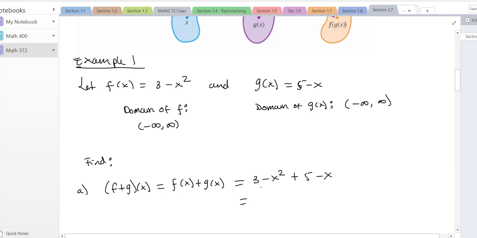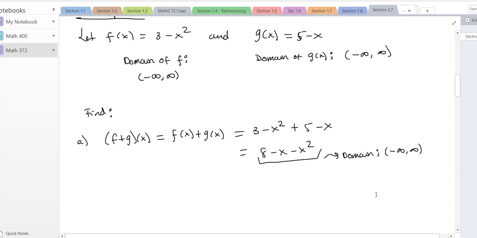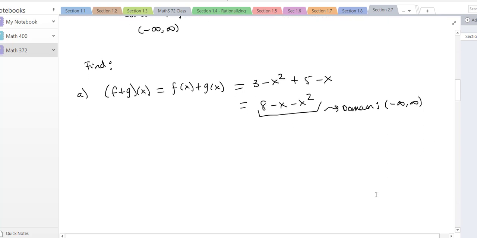And now we combine like terms. So 3 plus 5 is 8, minus x squared. This will be the new function. And notice that the domain of it is minus infinity to infinity. It's still a polynomial. All polynomials have domain of all real numbers.